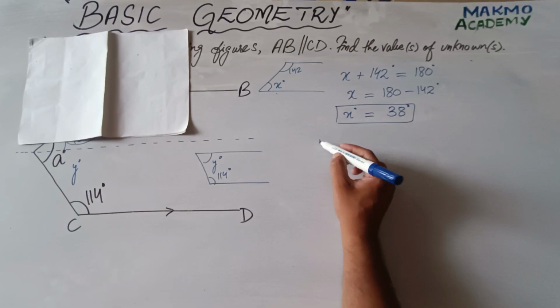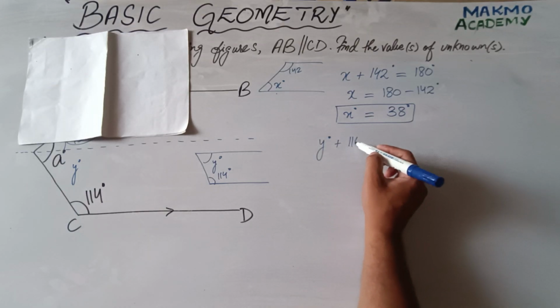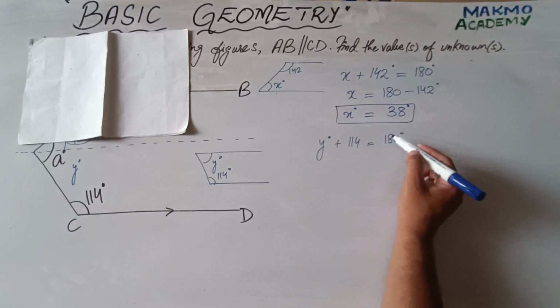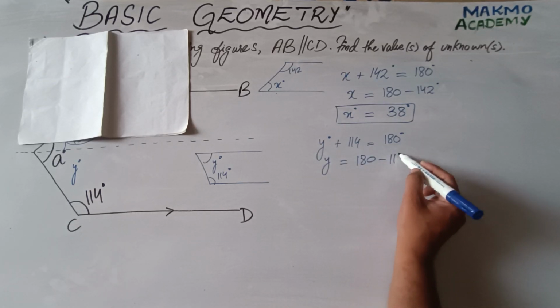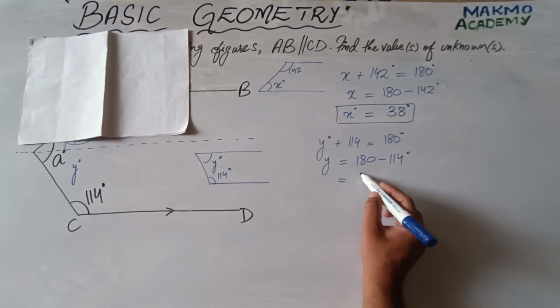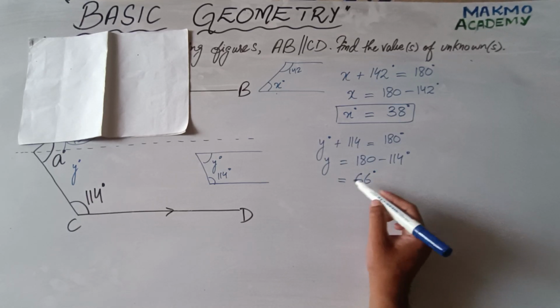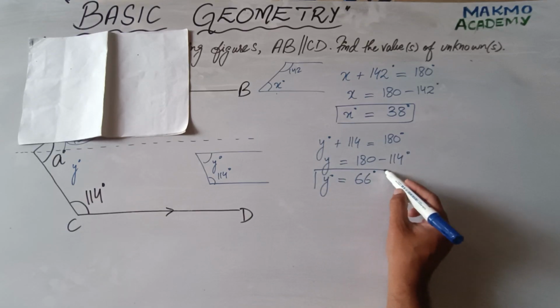So again their sum is Y plus 114 equal to 180 degrees. So Y is equal to 180 minus 114, so this gives us 66 degrees. Y is equal to 66 degrees.